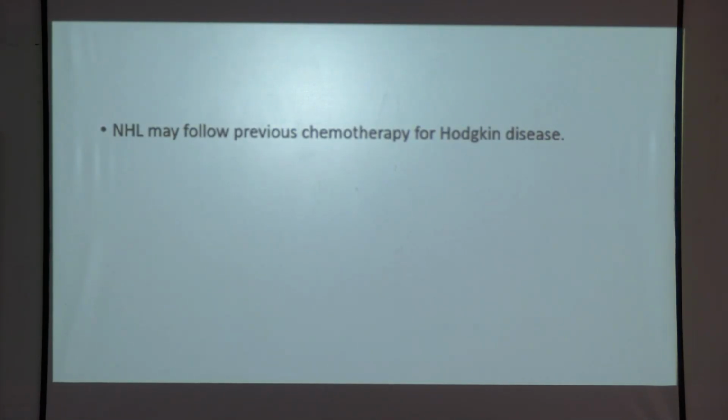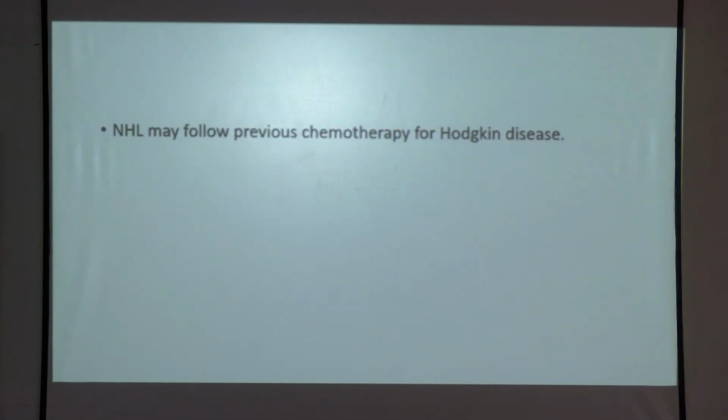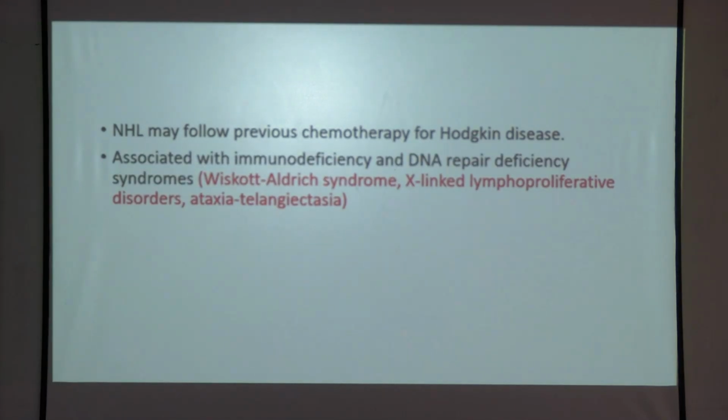Another important point, non-Hodgkin's lymphoma can occur after Hodgkin's lymphoma as a side effect of chemotherapy. There is some association with immunodeficiency disorders and DNA repair deficiency disorders like Wiskott-Aldrich syndrome, X-linked lymphoproliferative disorder and ataxia-telangiectasia.